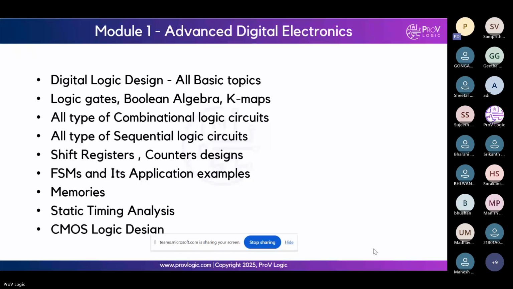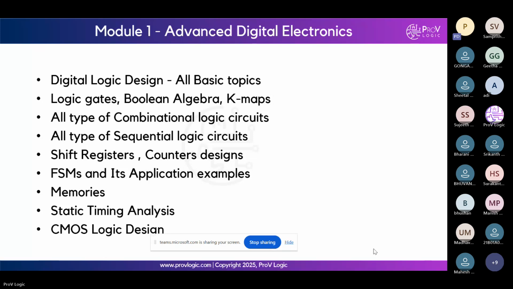Shift registers, up-down counters, those types of counter designs also we will be discussing. Finite state machines, this is an important concept when it comes to RTL. So FSMs we will be discussing. Memories, again SRAMs, memory architecture, how it is formed, how an RTL is written for a SRAM, all of that we'll see. And static timing analysis, this is the most important topic for physical design, so we will cover that. And CMOS logic design.